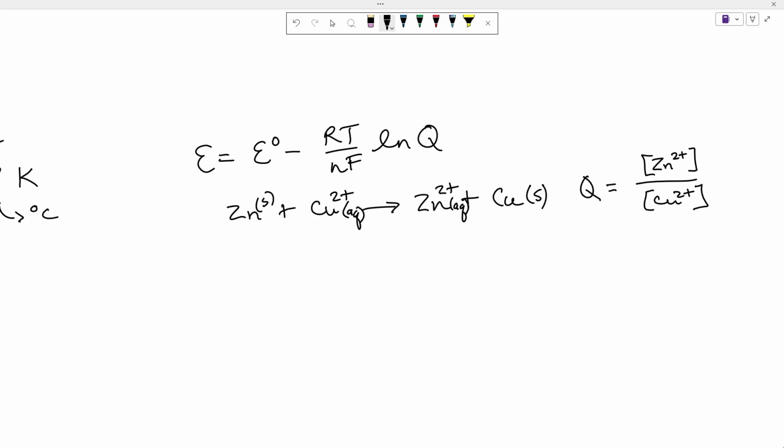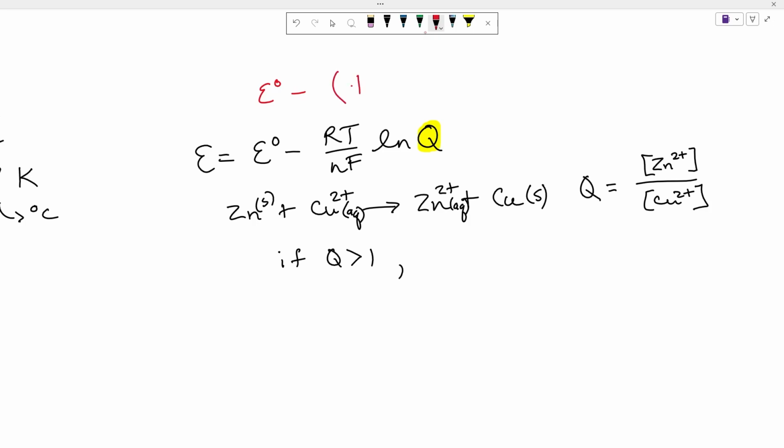So one way to think about it is if Q is greater than 1, if we put a number greater than 1 in for Q, then we get natural log of a number greater than 1, which is a positive number. So we end up subtracting from the standard potential RT over NF times natural log Q, and that's all positive.